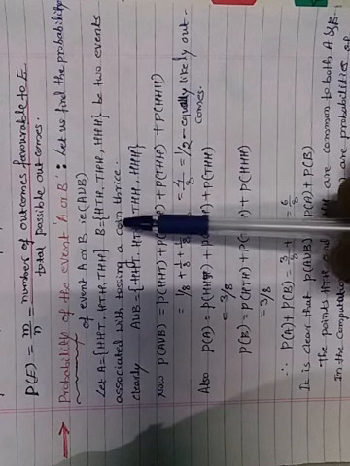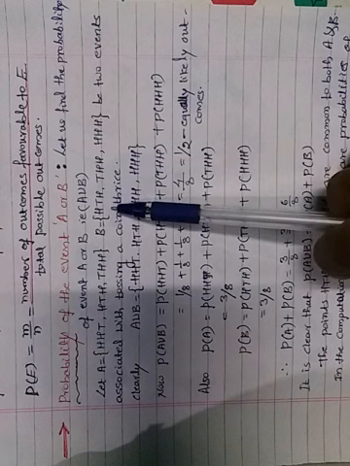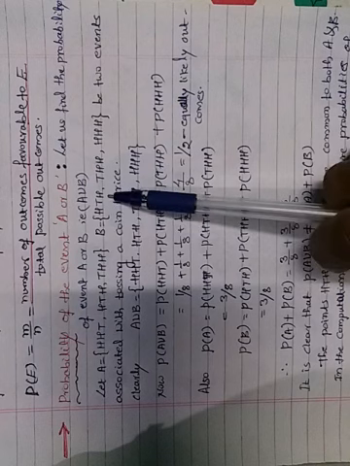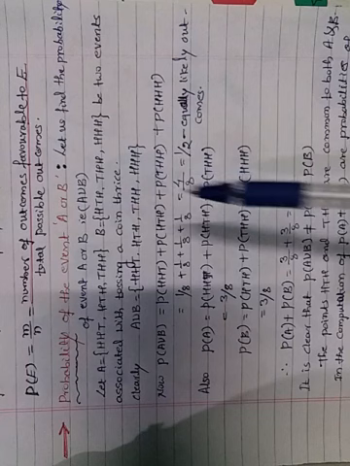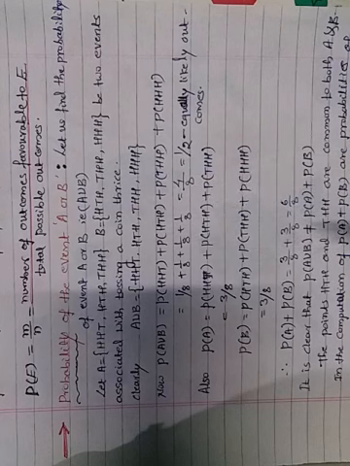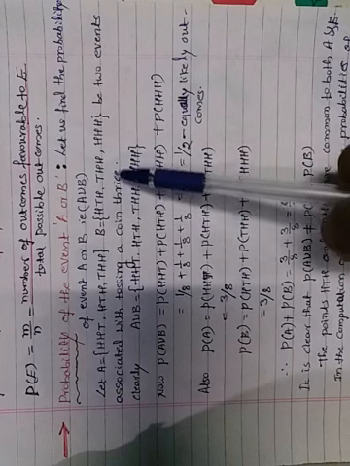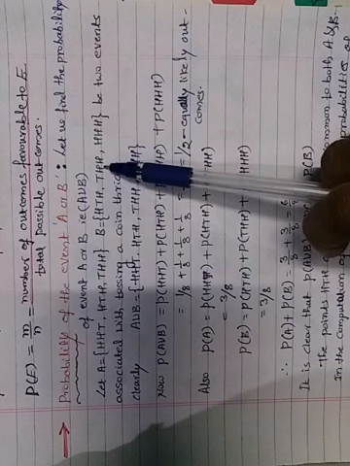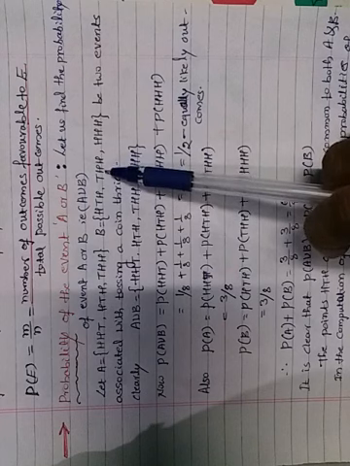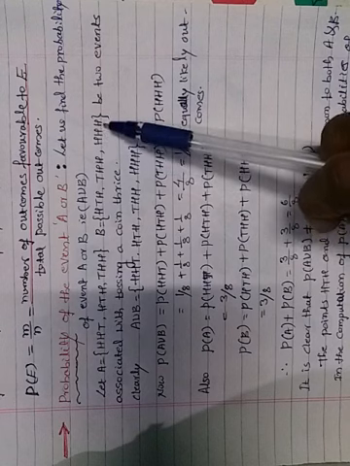Now B is the other set, where at least 2 heads appear: HTH, THH, HHH.